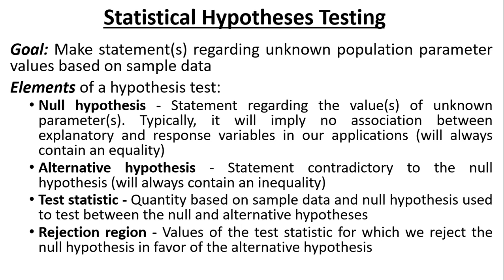Oh, there's no relationship, oh, there's no effect. These are what we refer to as the null hypothesis. The alternative is just the statement that contradicts the null hypothesis. If the null says there is no relationship, the alternative says there is a relationship. So it must complement, it always complements the null hypothesis.